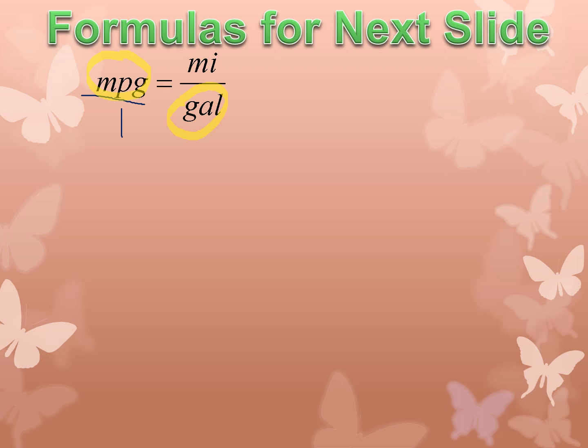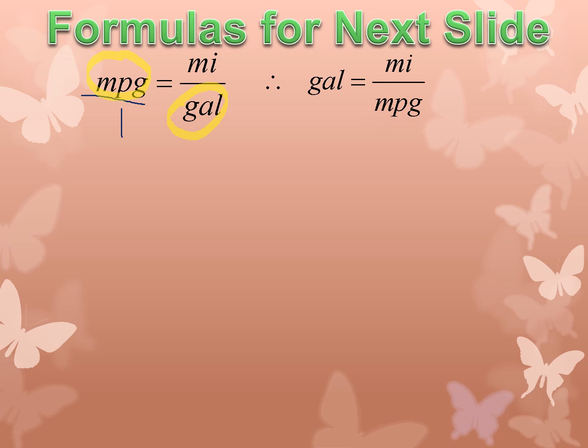It's called the interchange means property. I will say that again: interchange means property. Basically what it says is you can switch the quantities that are on the diagonals of a proportion. So we're going to use that property to switch it so that we have gallons equals miles over mpg.